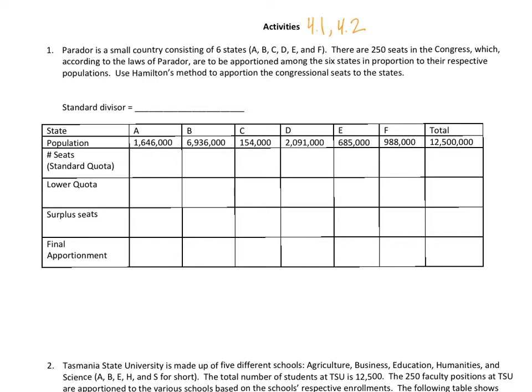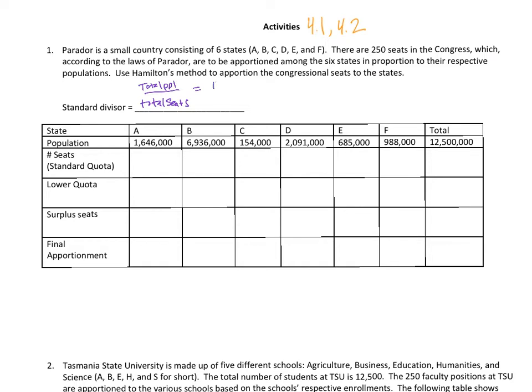Okay, so this starts by calculating the standard divisor, which we calculate by looking at total people divided by total seats. So the units on this is going to be people per seat. How many people does it take to get a state 1 seat in Congress?